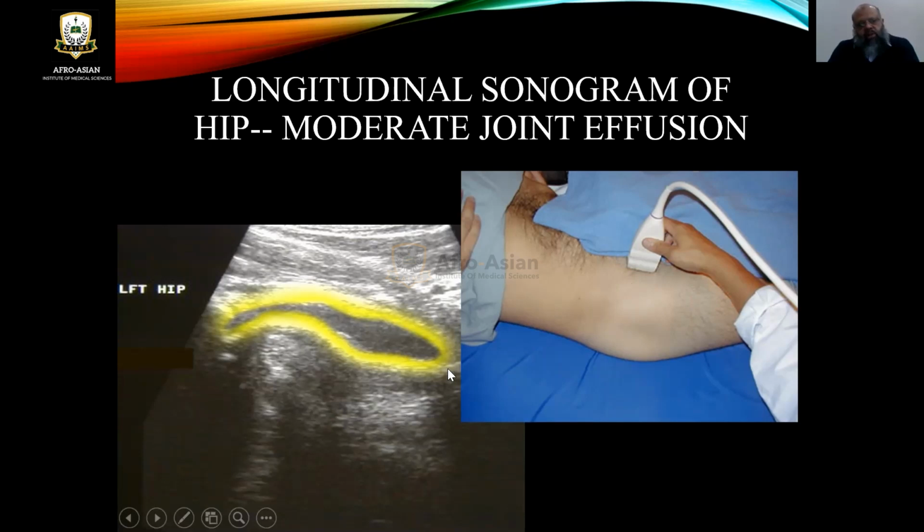It can be seen in the subtrochanteric bursa, and we can see the walls around the fluid. If we have well circumscribed walls, it will be in the bursa, or we can get some free fluid in the joint, which will be just effusion.